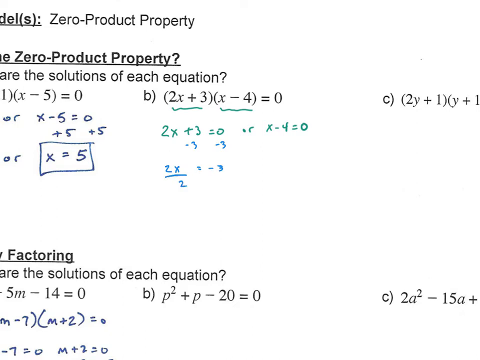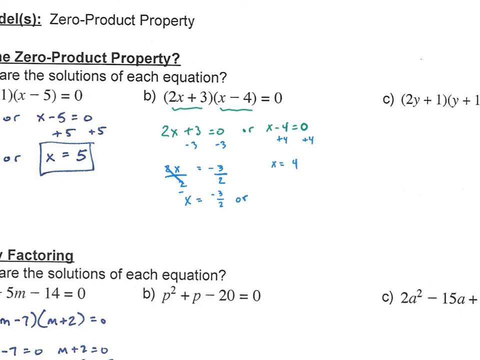Then I do my inverse operations, and I find that x is equal to -3/2. Or, doing the other one, solving for x, I add 4 to both sides, and x is equal to 4.